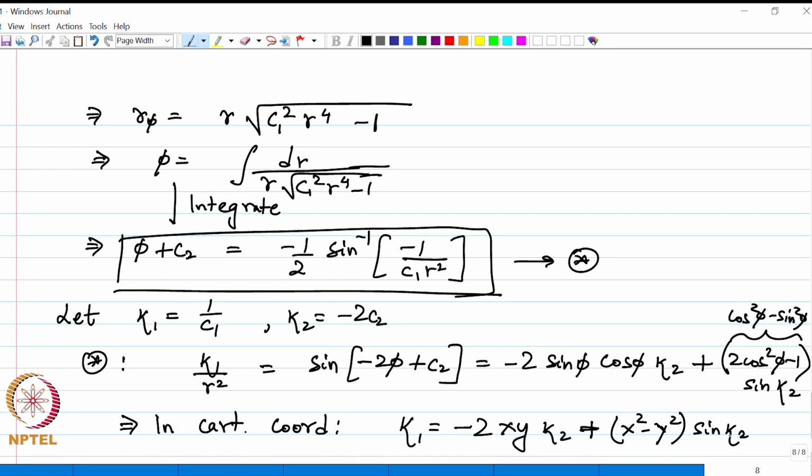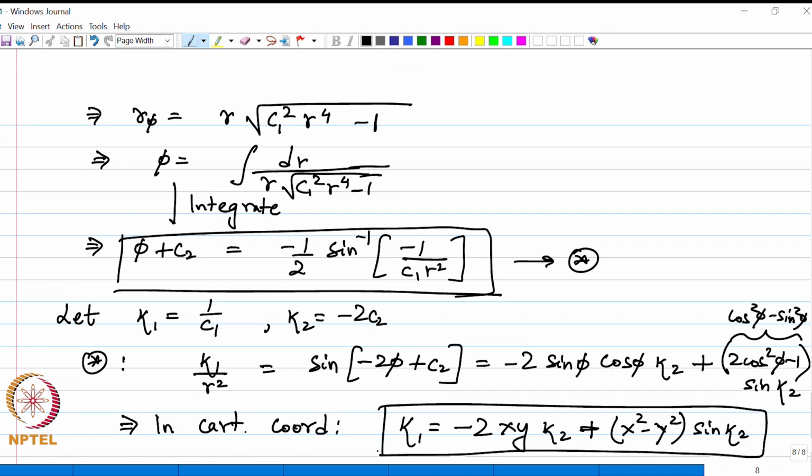So, that's the extremal that we have found in the Cartesian frame. So, notice that we have now found the extremal in the Cartesian frame without ever solving the Euler-Lagrange equation in the Cartesian frame. So, it is via the polar frame that we are able to systematically integrate our equation for the extremal.